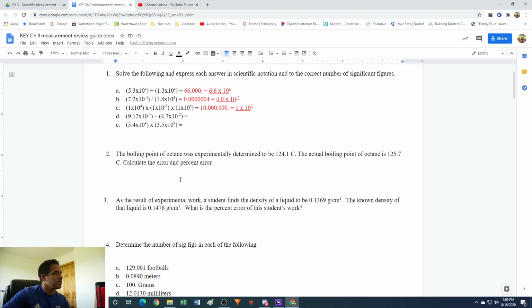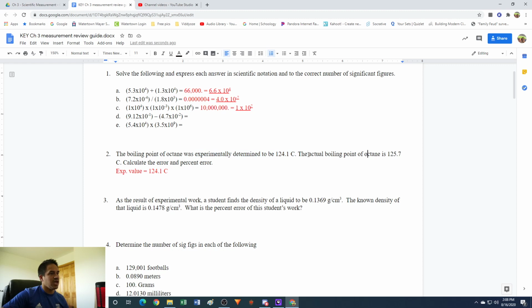All right. Looking at number 2, it says the boiling point of octane was experimentally determined to be 124.1 degrees Celsius. The actual boiling point of octane is 125.7 degrees Celsius. Calculate the error and percent error. Okay, so our experimental value in this case is going to be 124.1 Celsius because they do tell us that this was experimentally determined.